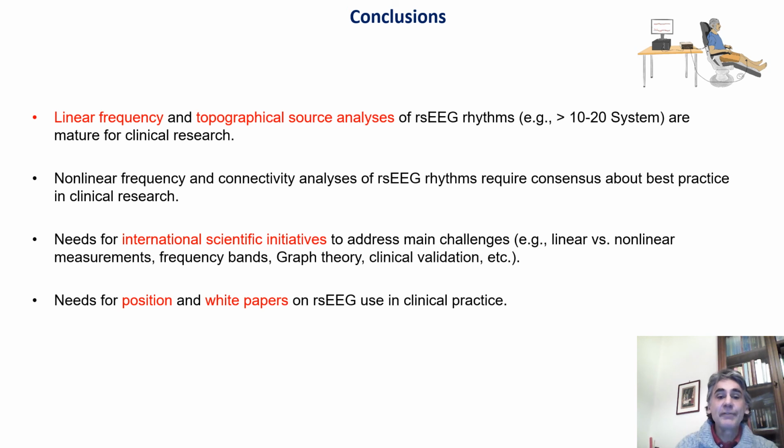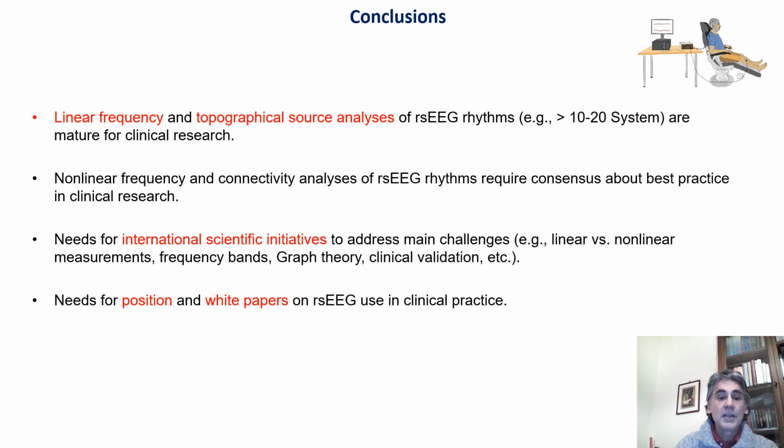So there is the need for international scientific initiatives to address main challenges, including the optimal choice of linear versus nonlinear measurements for the source estimation or source connectivity estimations, and also how to use the graph theory measures to model the topology of the functional connectivity from resting state EEG activity. This requires more consensus, more validation.